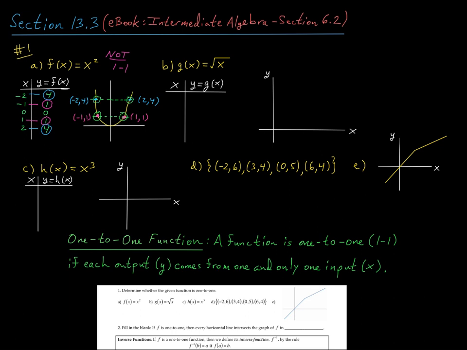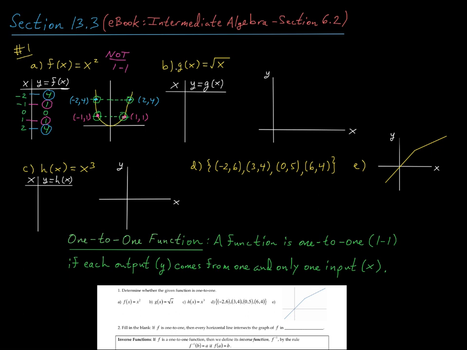So if I draw a horizontal line, say at y equals 4, I'm asking how many places can that line intersect our curve? Every intersection point is going to correspond to an ordered pair. And since we intersect more than once, we have more than one input going to that same output. Okay, so keep this in mind as we move forward.